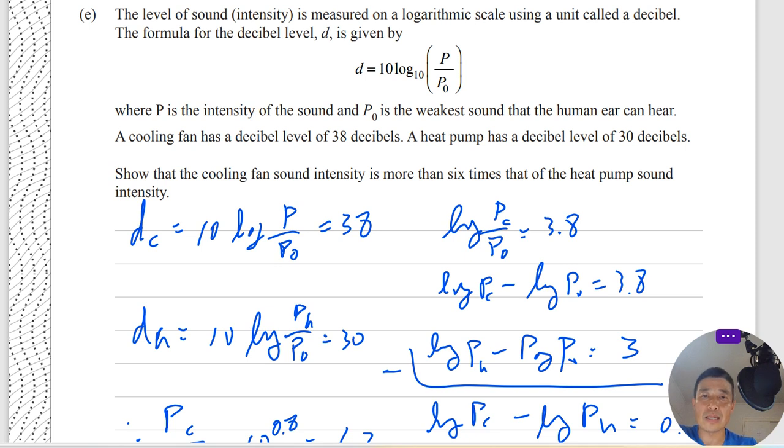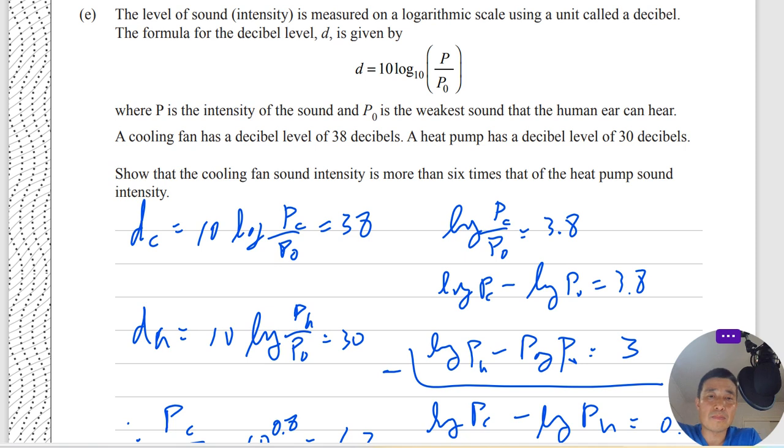So that is 10 log P. Actually, I should have said P_C, isn't it? Intensity of the cooling fan over P naught equals 38. And therefore log P_C over P naught is 3.8, right? Divided by 10. And in the same way, D_H is 10 times that.